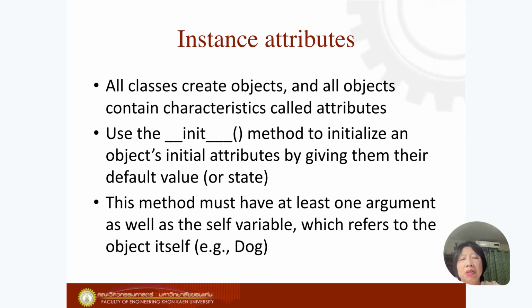So here all classes create objects and all objects contain characteristics called attributes. In Python, we use the __init__ method to initialize an object's initial attributes by giving them default values. This method must have at least one argument, the self variable, which refers to the object itself.